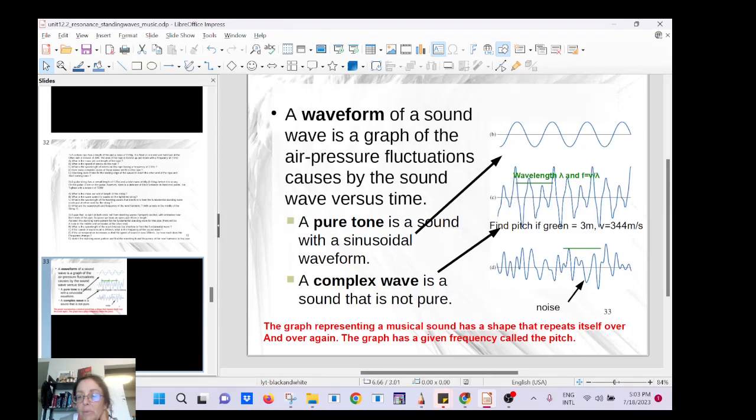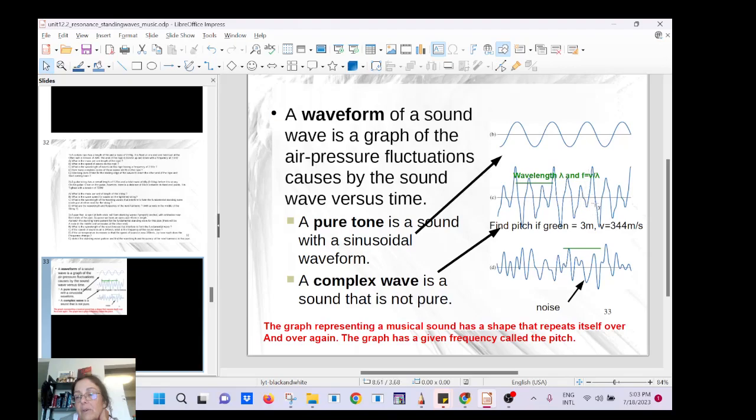So for example, here you can play music. I don't know, maybe it's going to be piano, for example. And you see you have only one frequency here. So you are playing music. That's the complex wave that is produced. But you see that it's one pitch, one frequency that you hear, and you see how it's repeating itself, right?